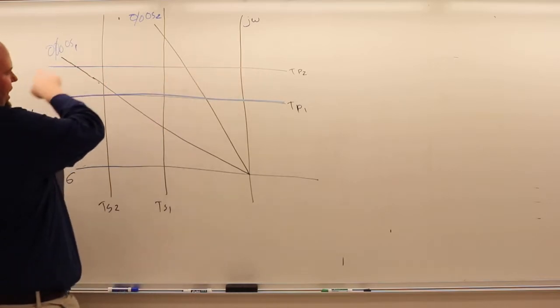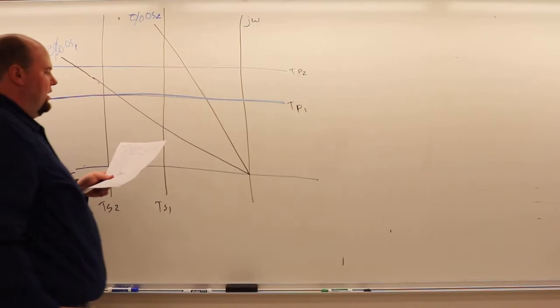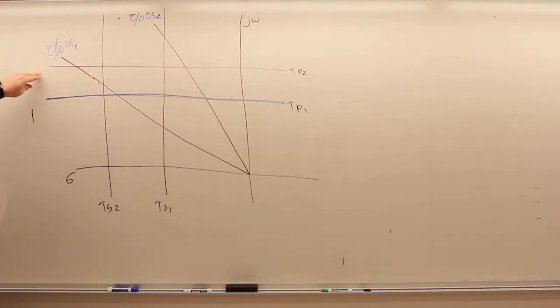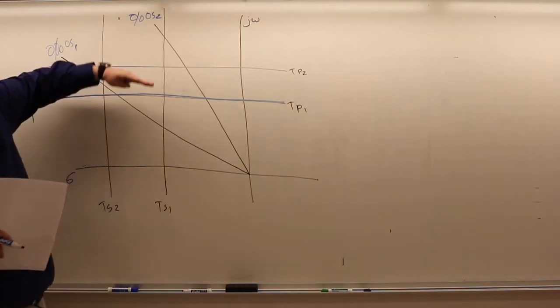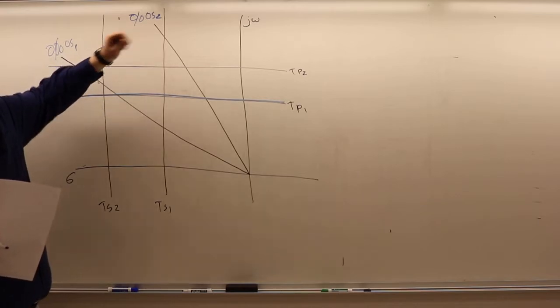Every pole along this line represents a system with a constant time to peak. And in this case, the time to peak represented by this line is smaller than the time to peak represented by this line. So the further up your pole is on the imaginary axis, the shorter your time to peak is.